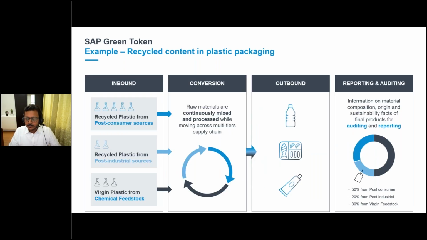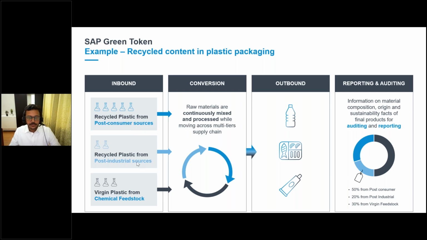So let's maybe try and understand this with an example. In this case, let's look at a plastic packaging industry where the plastic can come from various different sources. So you have the post-consumer sources, which is recycled plastic.